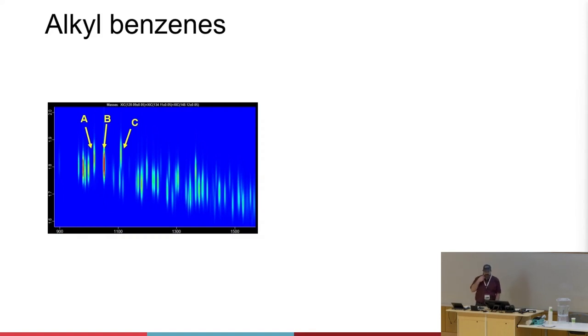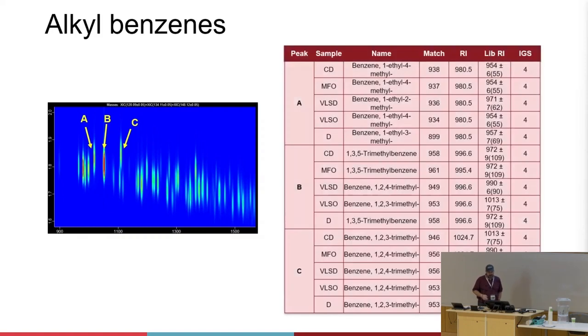And I'm just looking at these three compounds here for a second, peaks A, B, and C. Here are the different samples that we have. I've looked at them in five of the different fuels that we were looking at.